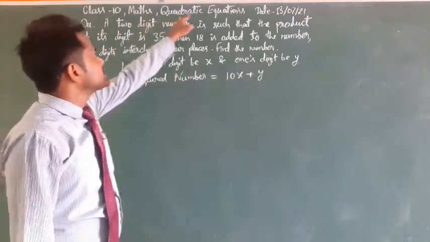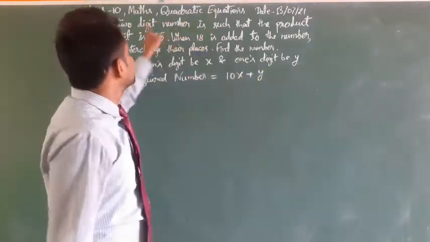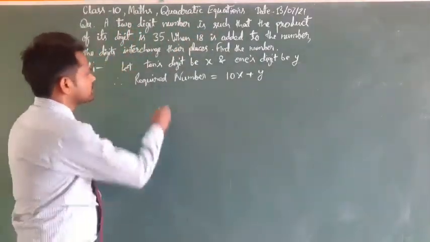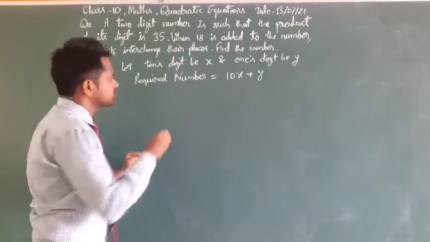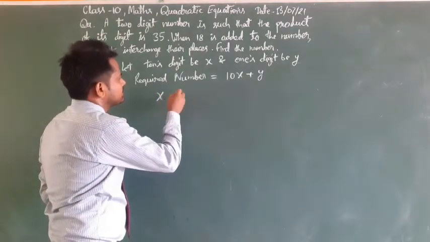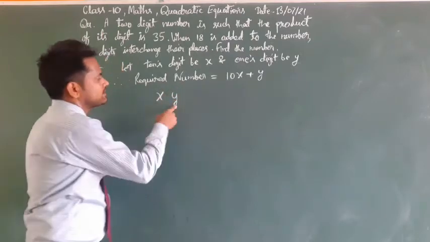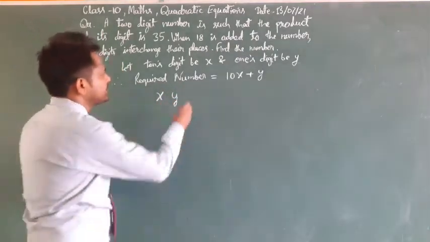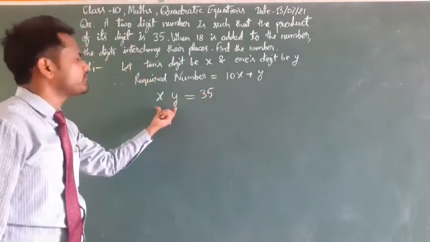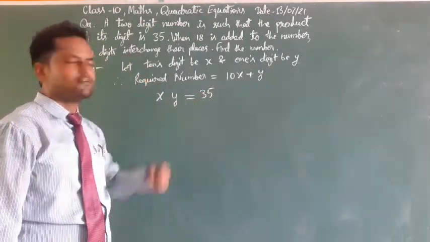And it is given that the product of its digits is 35. It means digits x and y: x into y is 35.